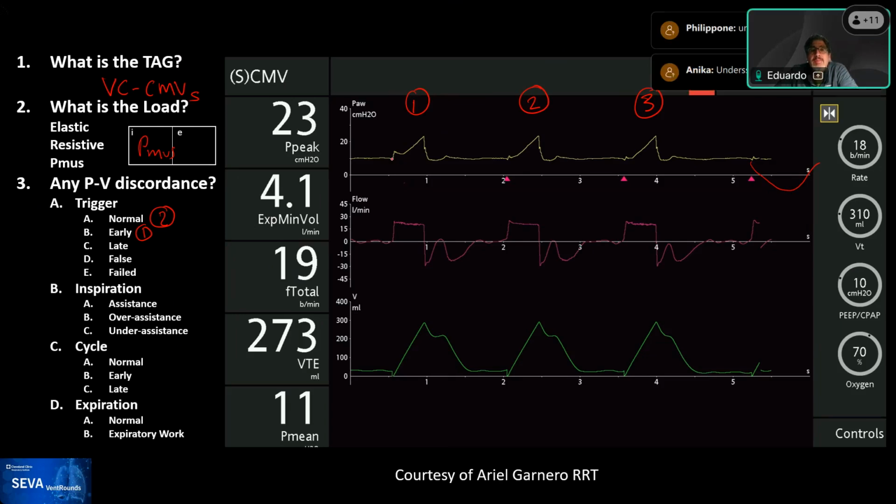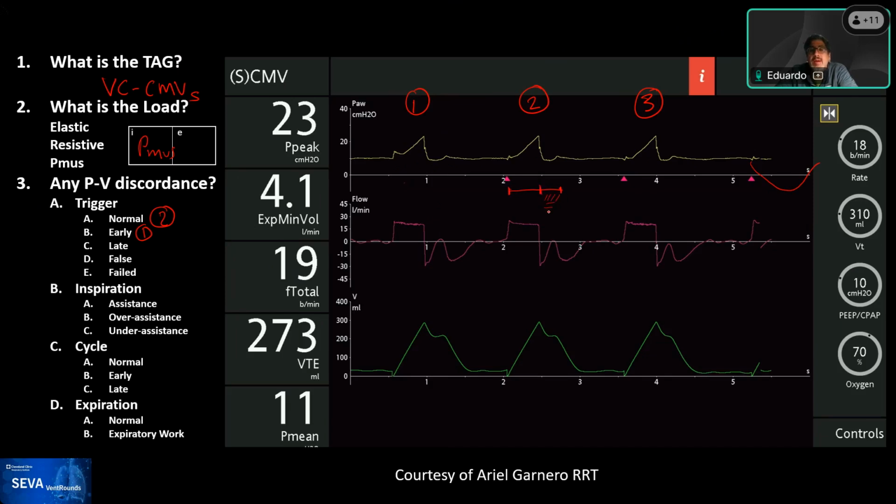So we have said that in general, there is assistance if the pressure has stayed above the baseline, which is happening actually on all the breaths. It has not gone below. You could argue that, and I'm sorry for not having put the pause, essentially the effort starts here and it goes all the way over here. Those are the breaths. So a big part of the breath from here to here is not getting assisted.